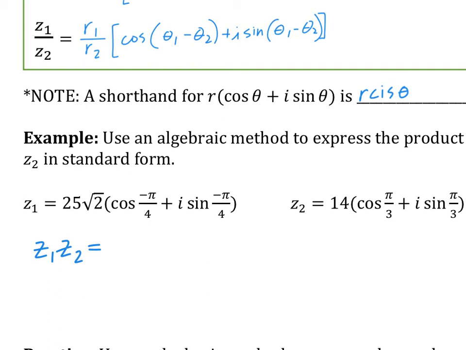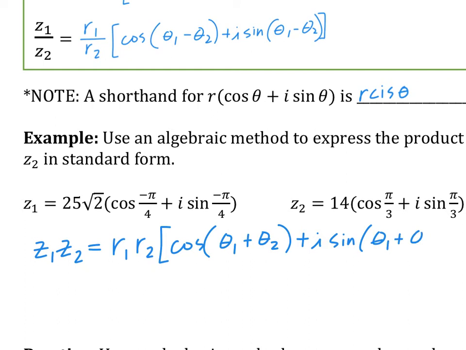So according to the formula, I'm going to take the first radius times the second radius, and then I'm going to take cosine of the first angle plus second angle, and then plus i sine of first angle plus second angle. All right, this is just a direct application of the formula.